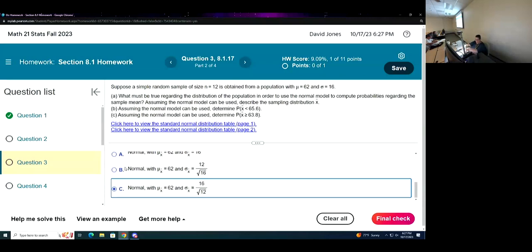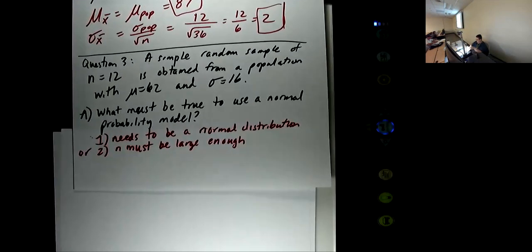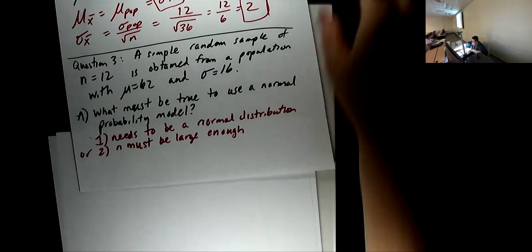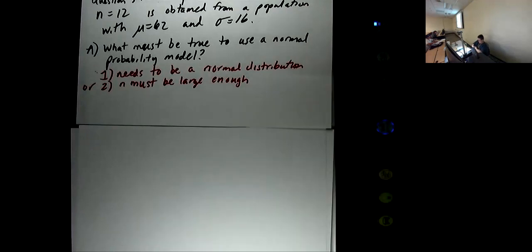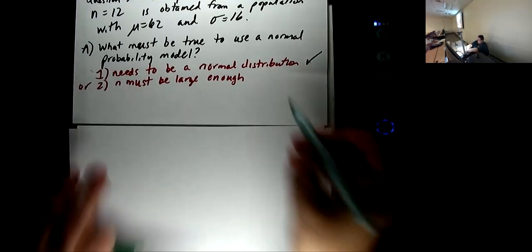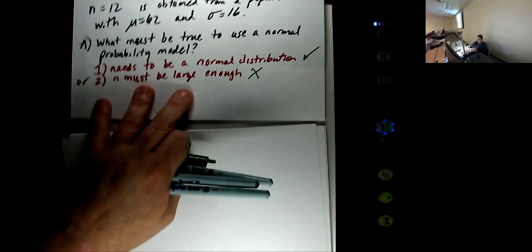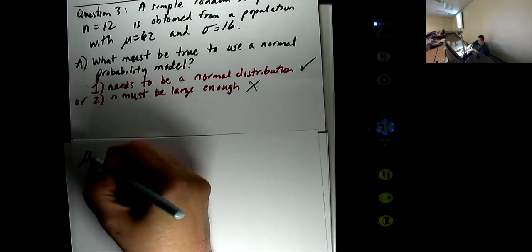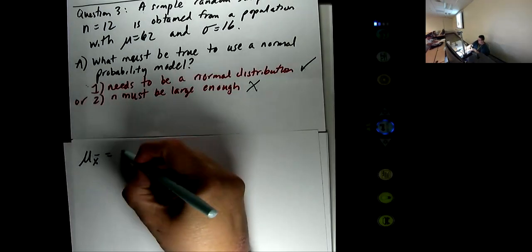So I'll write this down on the paper where you can see a little bit better. So for us, we did that one, not that one. Then it asks, what can we use? Mu of x bar is going to be the same as the population, which is 62.